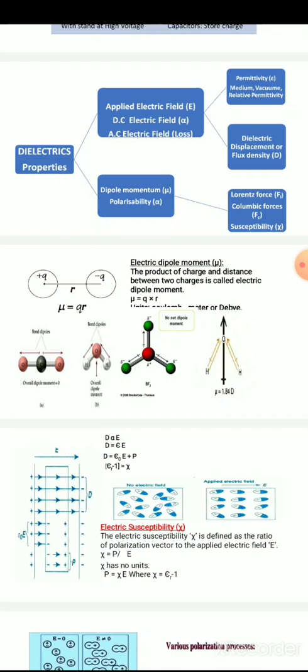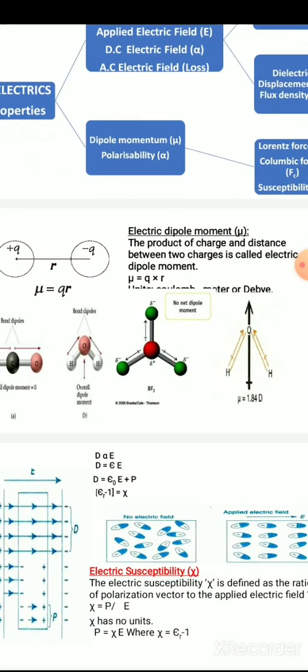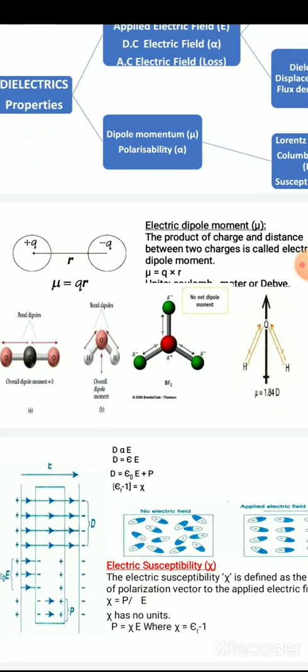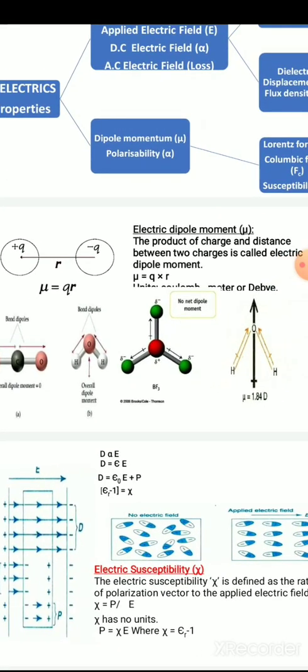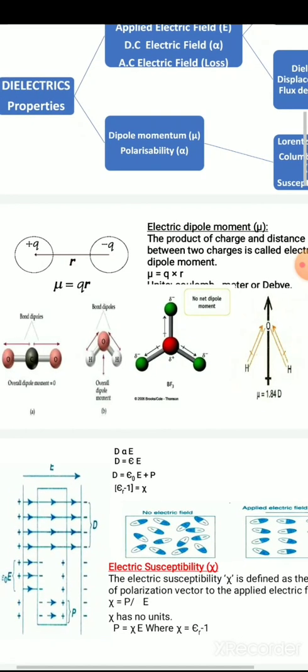The bond between them is a covalent bond. Mu equals Q into R, and the SI unit is coulomb meter, or its unit is debye.